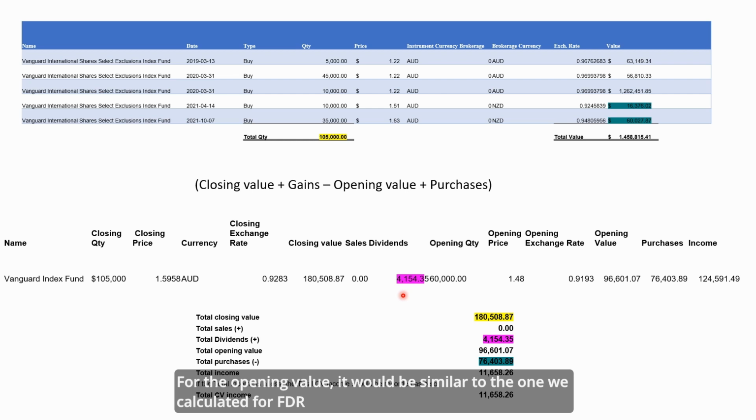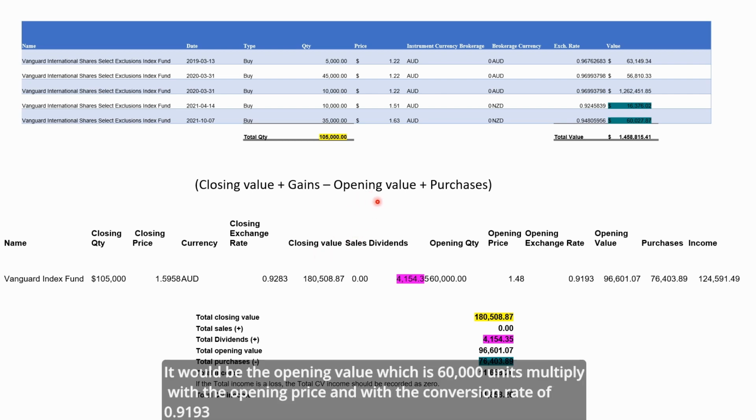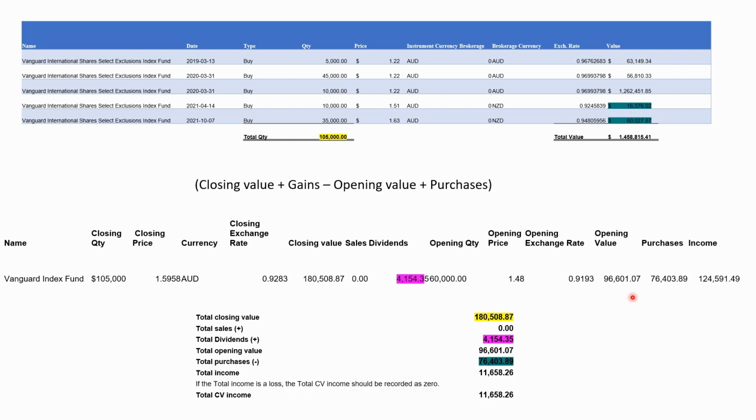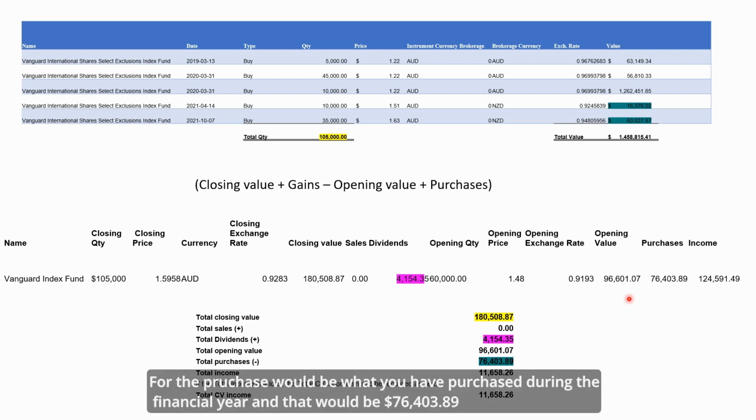$4,154.35. And minus the opening value, and the opening value will be similar to what we calculated in the beginning in the FDR method. And the units we hold in the beginning of the financial year will be 60,000 units times the opening price on the 1st of April with the conversion rate, and we'll get $96,601.07.